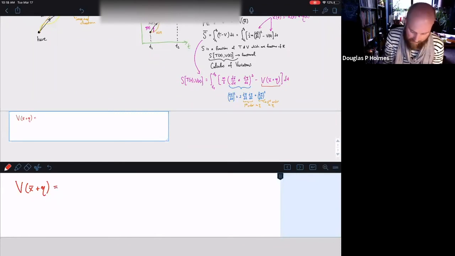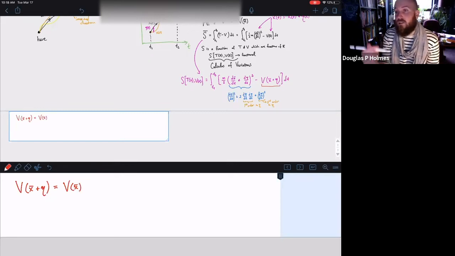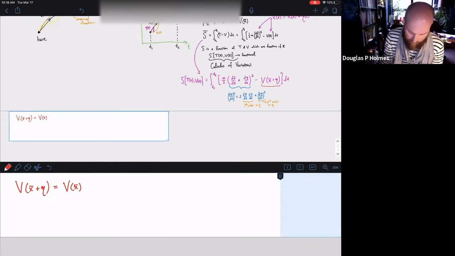I can do a series expansion where I say V of x bar, I'm expanding around eta equal to 0. I'll write this down in a second, but I'll first tell you what the answer is.